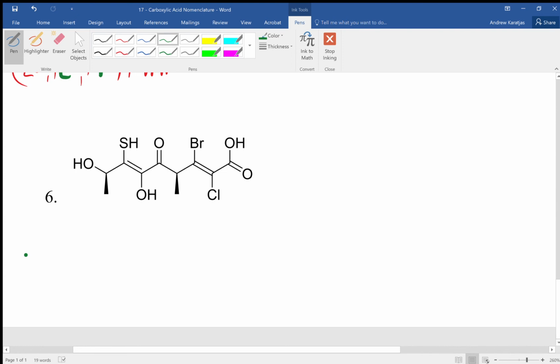Finally, number 6. This is going to be nona-2,6-dienoic acid.